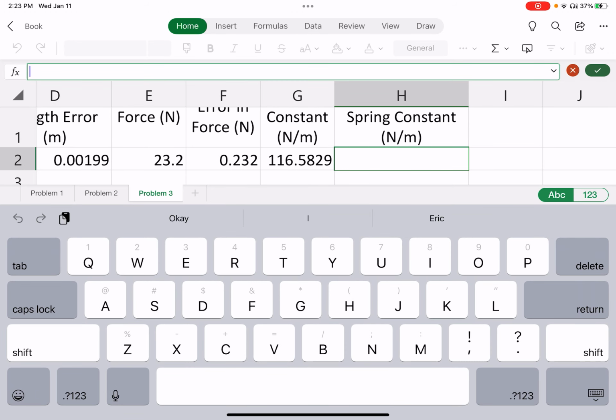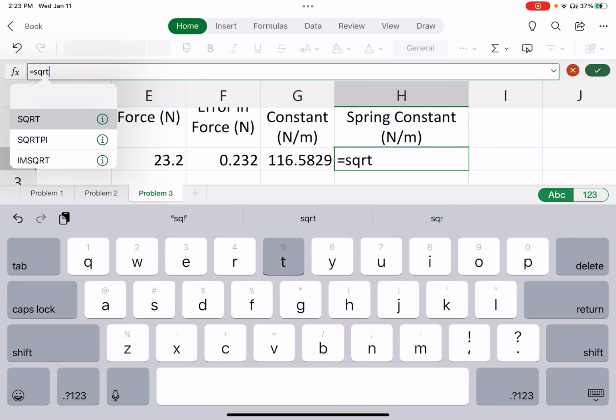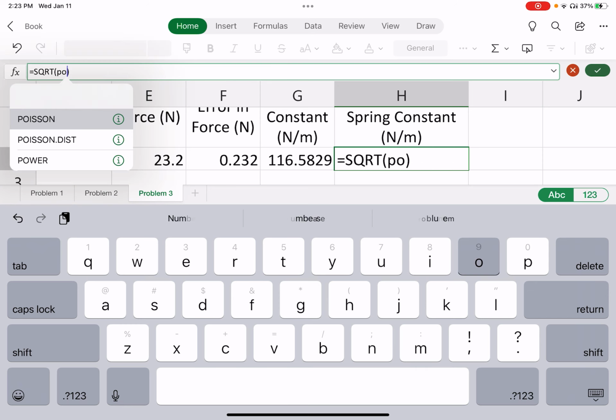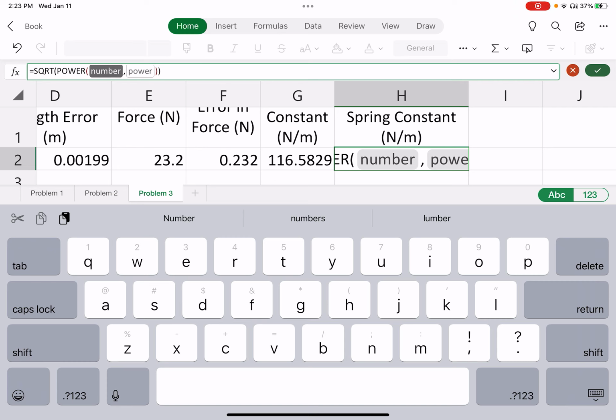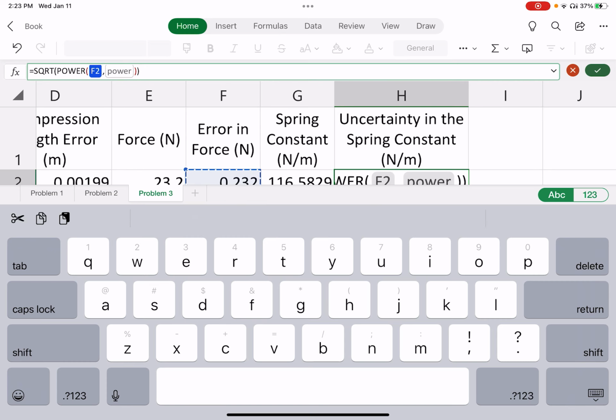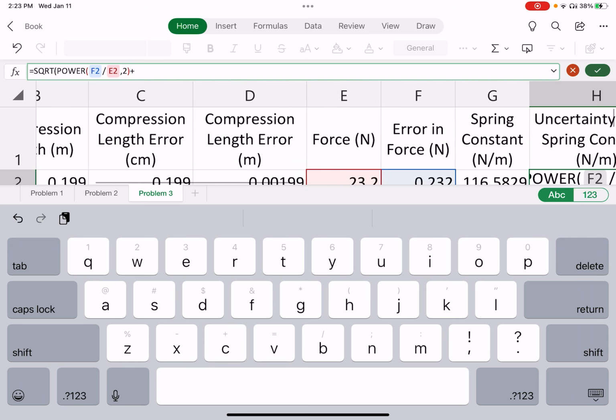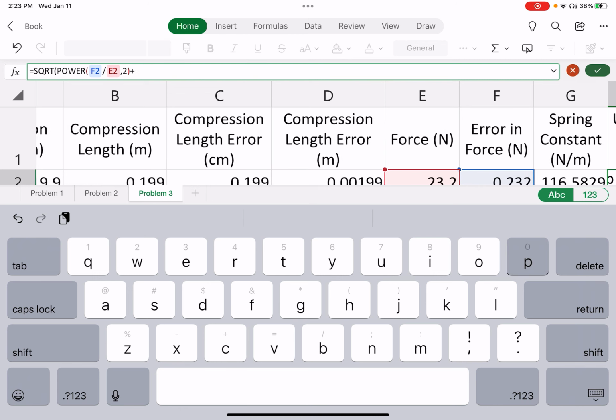Okay. So this is equal to SQRT. And then we have power. And I have the power of, and I use the force first. So I have the error in the force divided by the force. All right, and then that's going to be squared, plus the power.